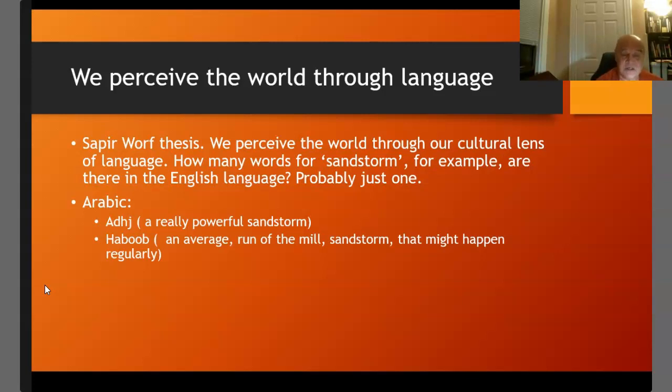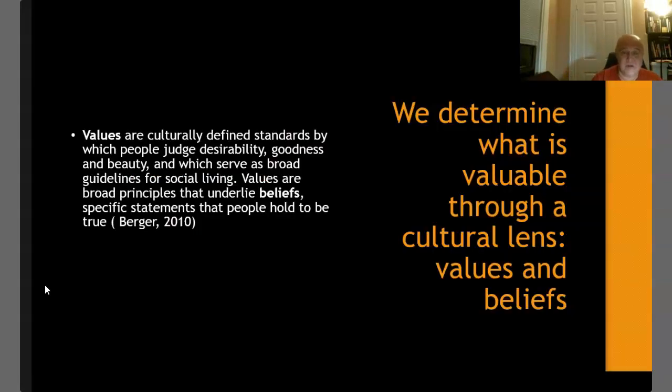There's Aj, which is a really powerful sandstorm, or Habub, an average run-of-the-mill sandstorm that might happen regularly. We determine what is valuable through a cultural lens.